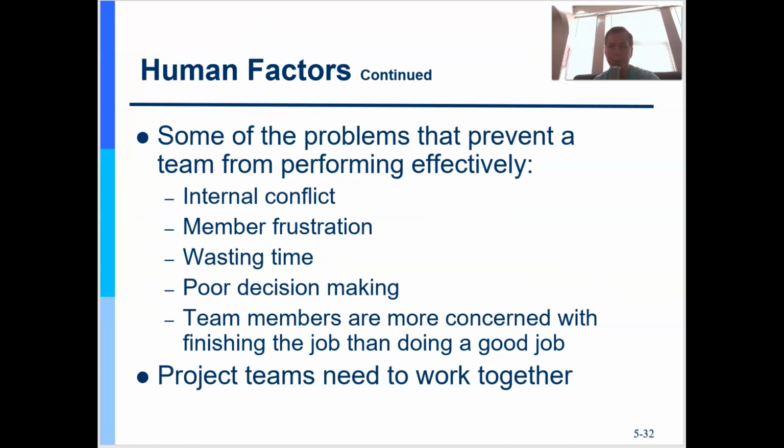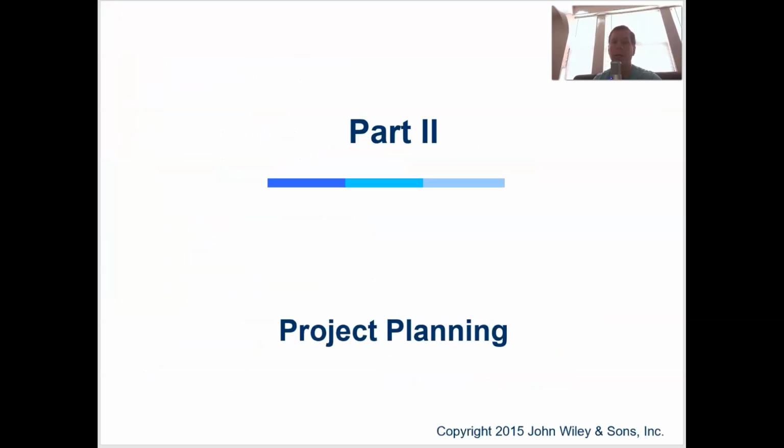Because some of the problems that prevent the team from performing effectively, remember Tuckman was trying to get us to performing, his step 4. Performing is hindered by frustration or internal conflict along the way, right? Project teams need to work together and to get to high performing teams. That's your goal with your team, regardless of what type of organization they're in.